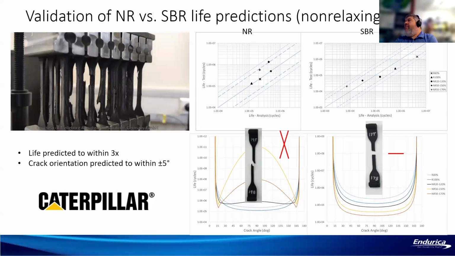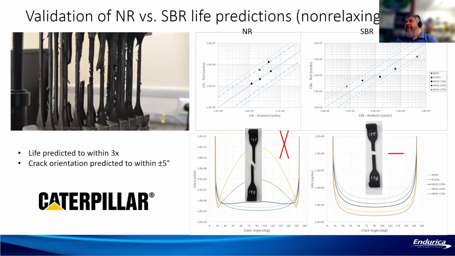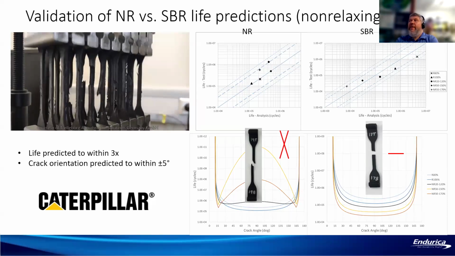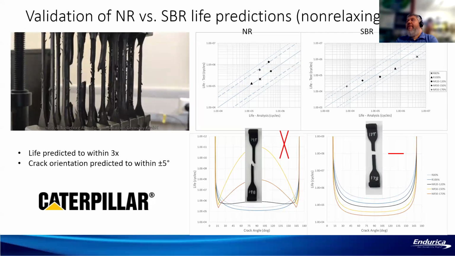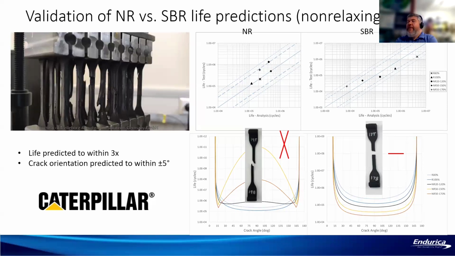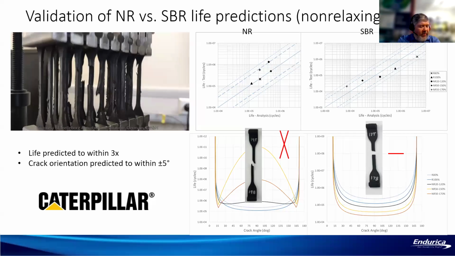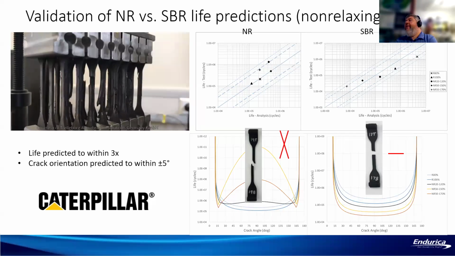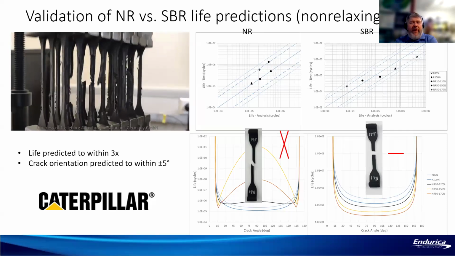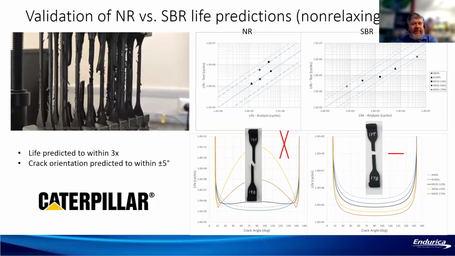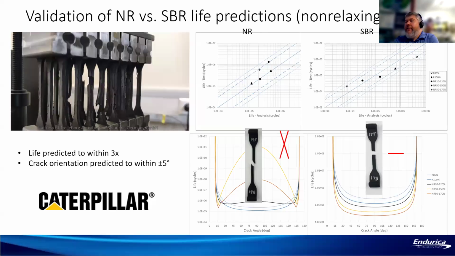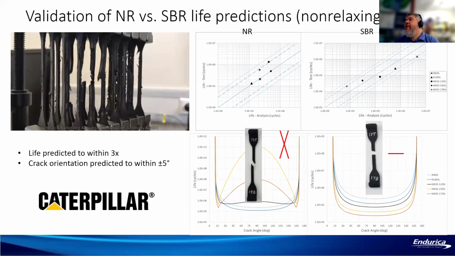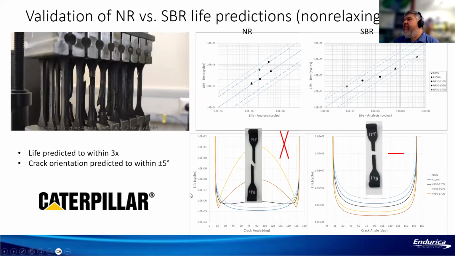What they did was compare the fatigue life of natural rubber versus a synthetic styrene butadiene rubber. These are two materials. The natural rubber is an example of a rubber that strain crystallizes. SBR is an example of a material that does not. And the Endurica code does provide you with material models for both types of materials. And strain crystallization can lead to very interesting effects.